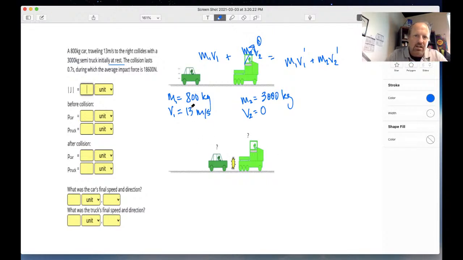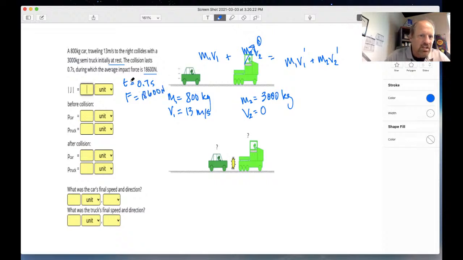Okay, so the initial momentum before the collision lasts for 0.7 seconds, so the time equals 0.7 seconds, and the average force is 18,600 newtons. So force equals 18,600 newtons.